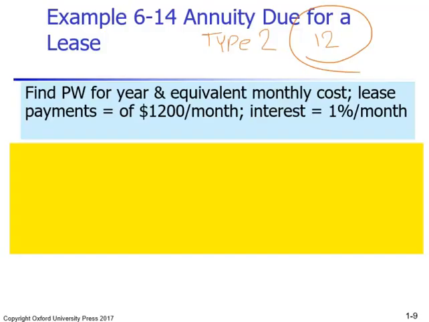And also, even before calculating the regular one, just use your common sense. When you are paying $1,200 per month for 12 months, the present value is higher when you are doing the payments at the beginning of the month or at the end of the month?